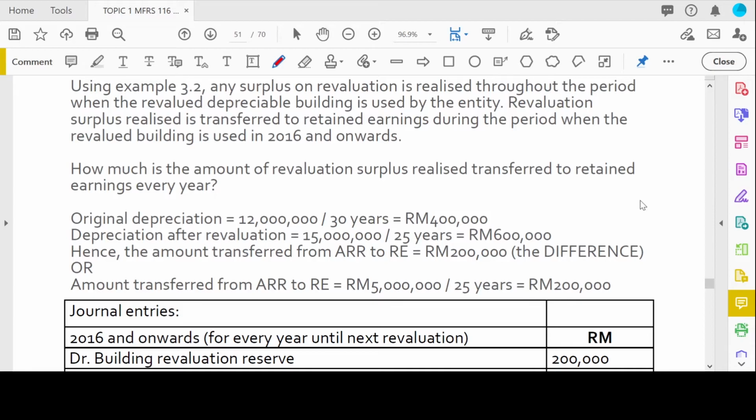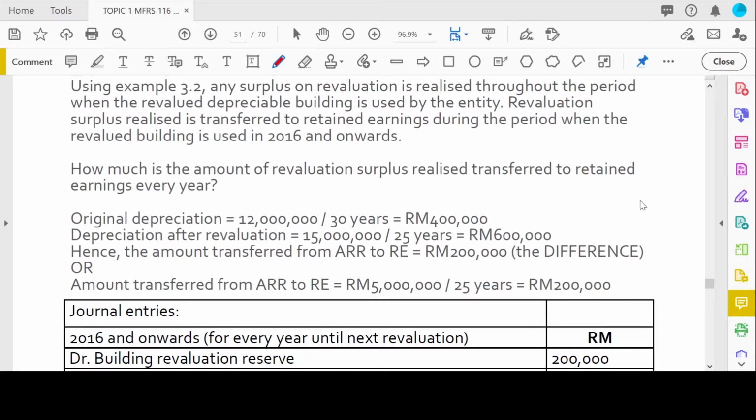But how much to transfer? To calculate the amount to be transferred from ARR to retained earnings, we find the difference between the original depreciation and the depreciation after revaluation.